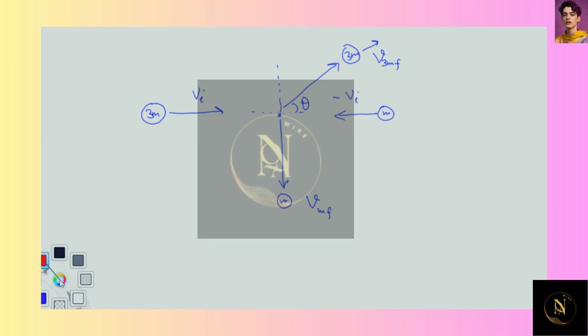Then the component of its velocity along positive x-axis is v3mf cos theta, and along positive y-axis this is v3mf sine theta. Now, as it is a perfectly elastic collision, first of all, we will use the momentum conservation along x-axis.